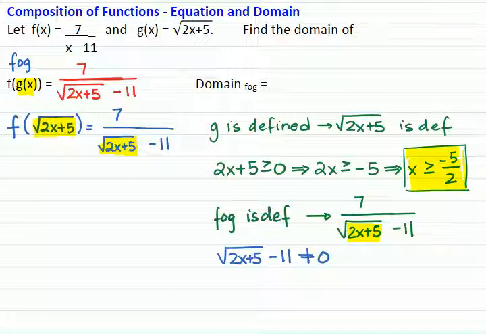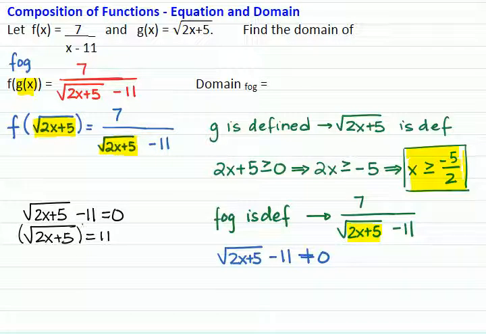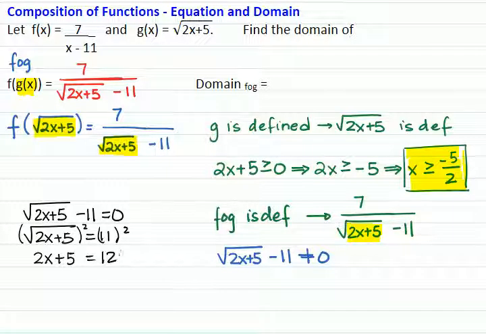To solve this, I need to solve the equation square root of 2x plus 5 minus 11 equal to 0. I'm going to add 11 to both sides. Square root of 2x plus 5 equals 11. And now I'm going to square both sides, and I will get 2x plus 5 equals 121.